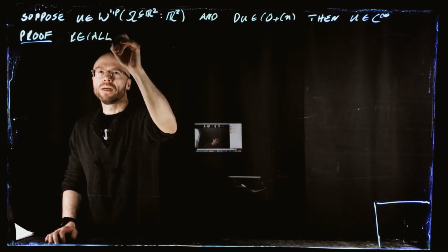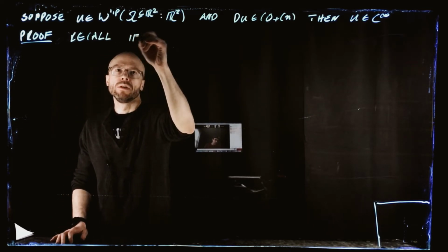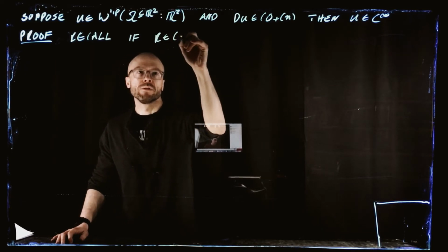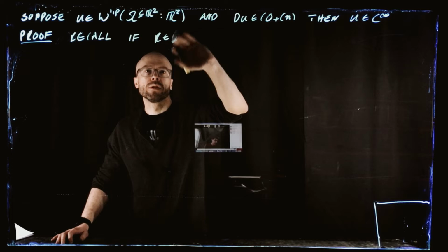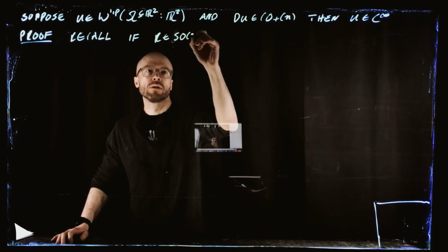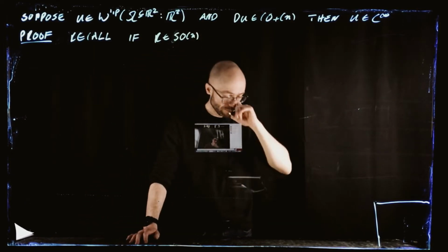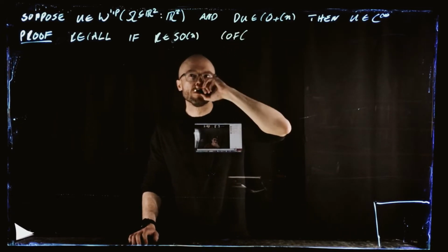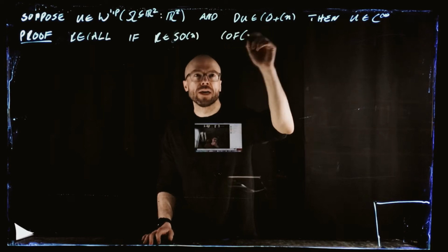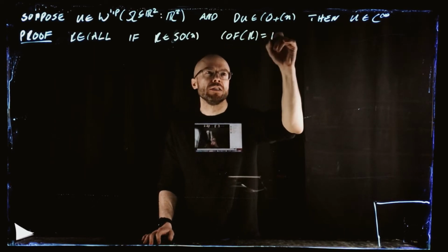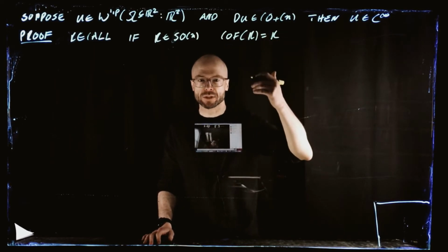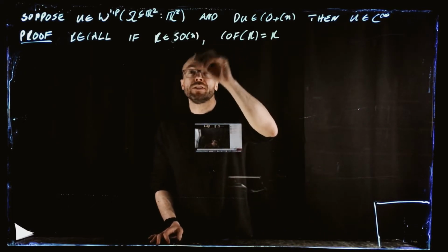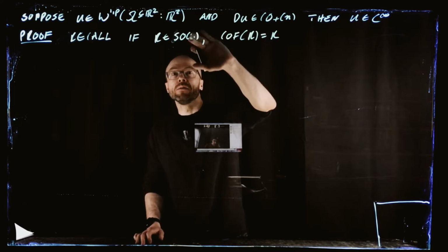Recall: if we have a matrix R belonging to rotations, then the cofactor of R is equal to R itself. This was a little identity that we showed, right? This is true in n by n.